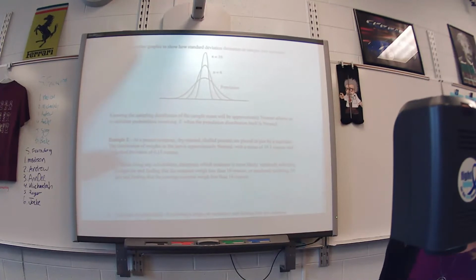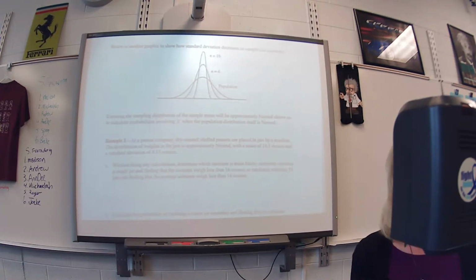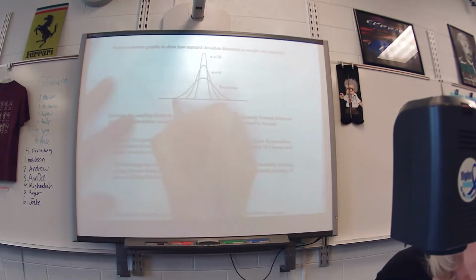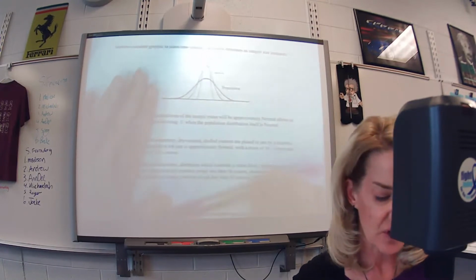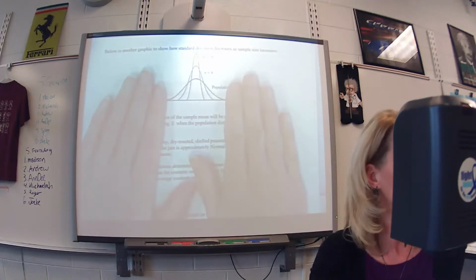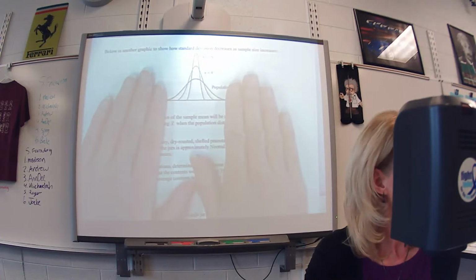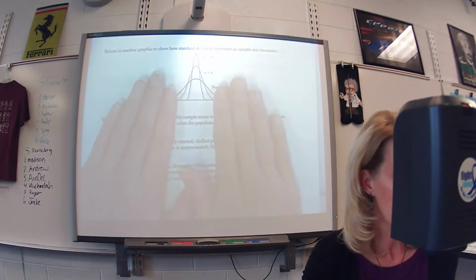This diagram, I literally have seen problems on the AP exam that use a different one, but very similar to this. This diagram is showing you what happens to the distribution as your sampling size increases. If your population is approximately normal and your standard deviation gives you a range from here to here, if you start doing a sampling procedure, you will still get a normal distribution, but as your n size increases, the standard deviation decreases.